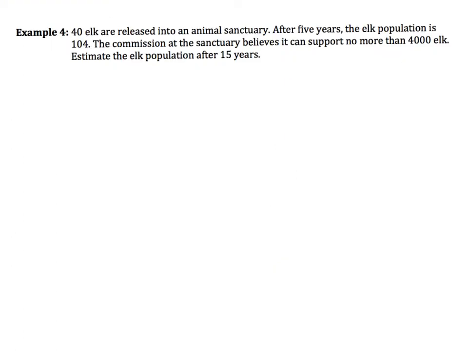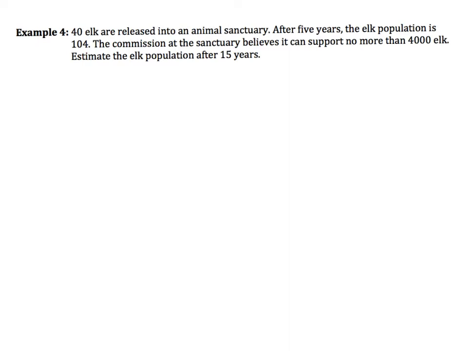So in this example, it says 40 elk are released into an animal sanctuary. After 5 years, the population is 104, and the commission there believes that the sanctuary can support no more than 4,000 elk. Estimate the elk population after 15 years. Oh my goodness, this problem, if we did not know that logistic growth was a thing, it would be near impossible, in my opinion.